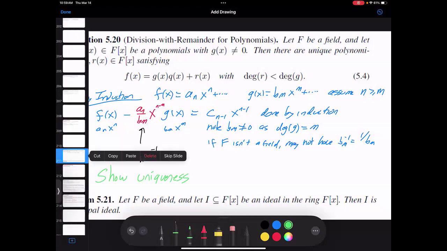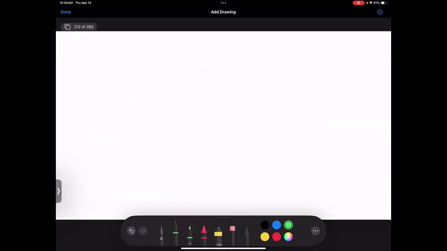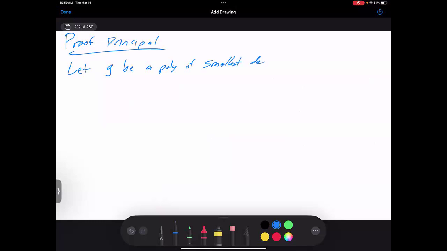Proof that it's principal. So let G be a polynomial of smallest degree in I. Without loss of generality, let's assume I is not the zero ideal. We understand the structure of the zero ideal. That's principal.